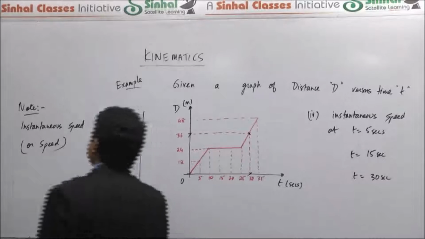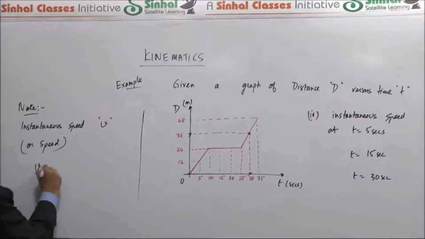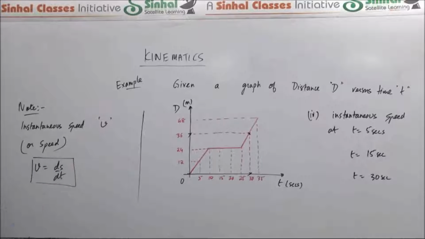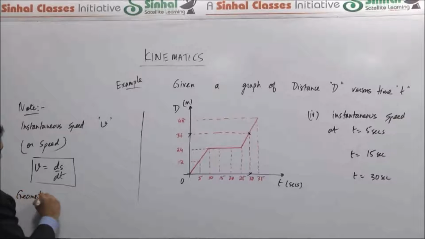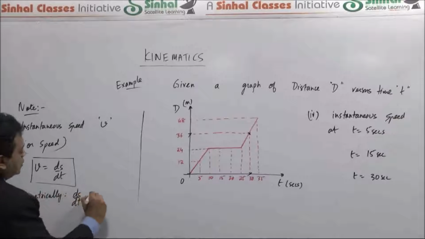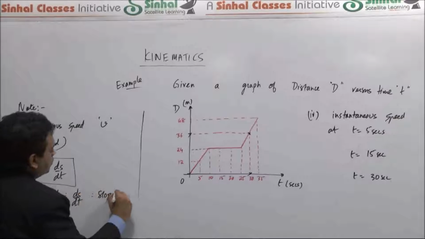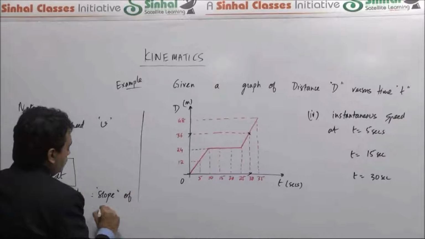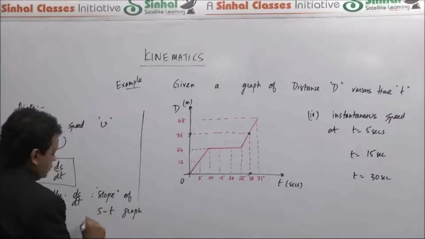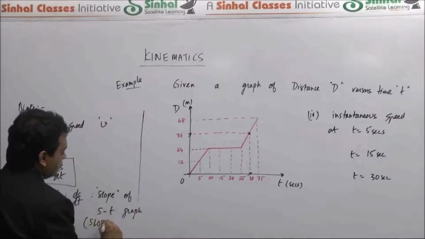So instantaneous speed is ds by dt, right? Now graphically, geometrically, ds by dt is the slope of the distance-time graph, or what we call the slope of the tangent.